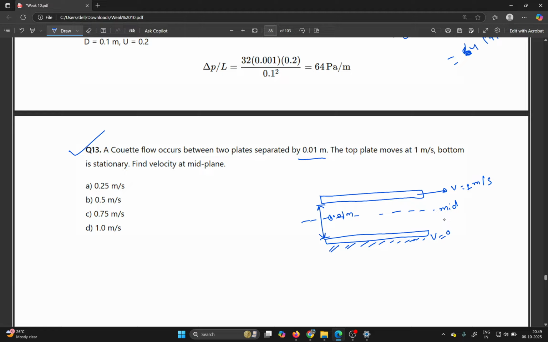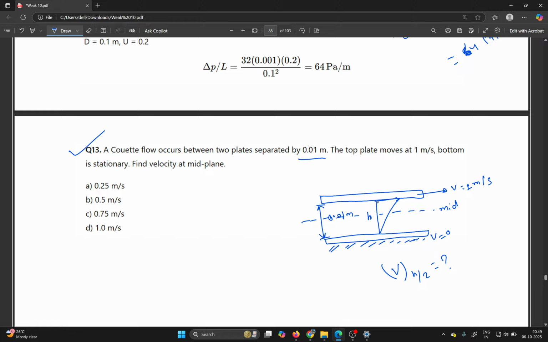As you know, if the distance between the plates is very small, we can assume a linear velocity distribution like that. Let us assume the height is h, so you have to calculate your velocity at h by 2.